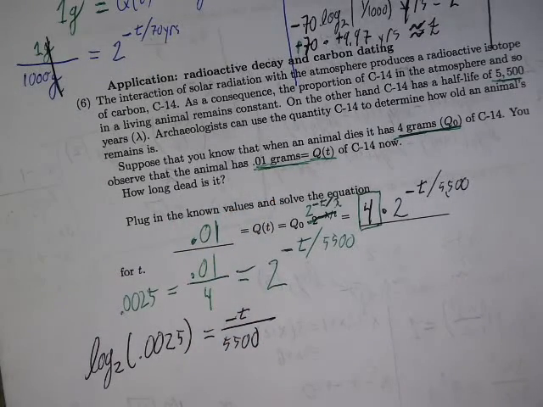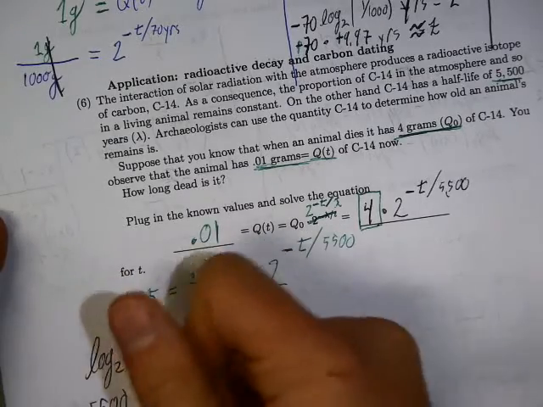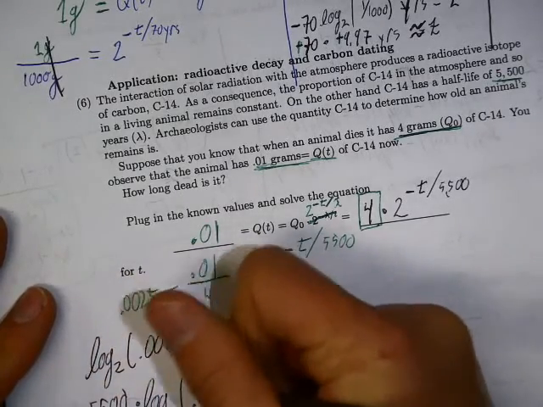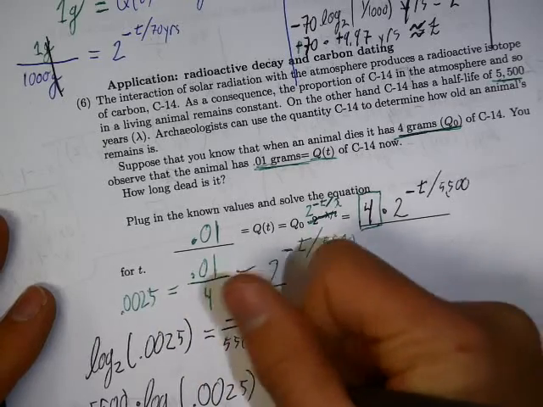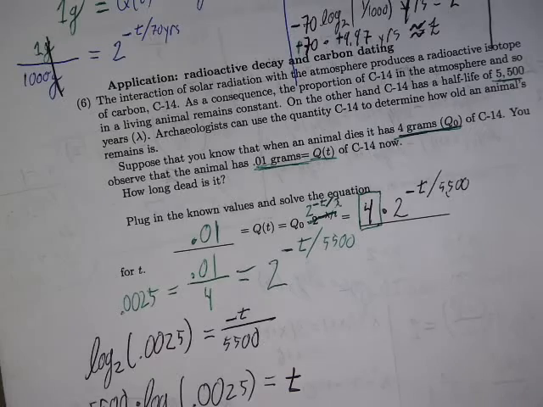Is that now easy to solve for t? Yeah, I guess you just need to multiply both sides by negative 5500. So you'll get negative 5500 multiplied by log base 2 of 0.0025 is equal to t. And as I said, we'll put the units back for the last step.